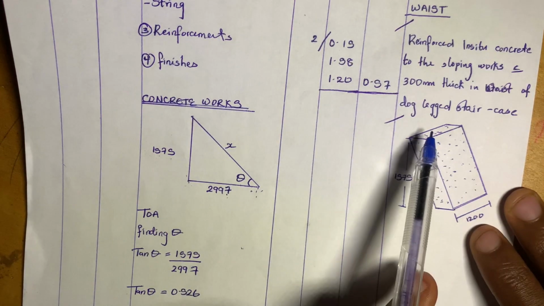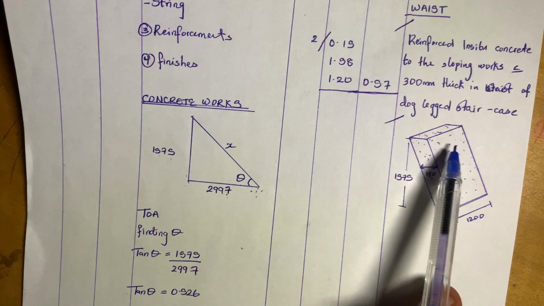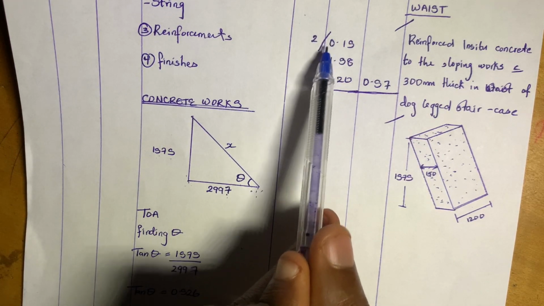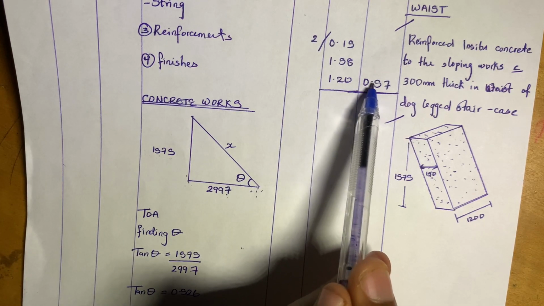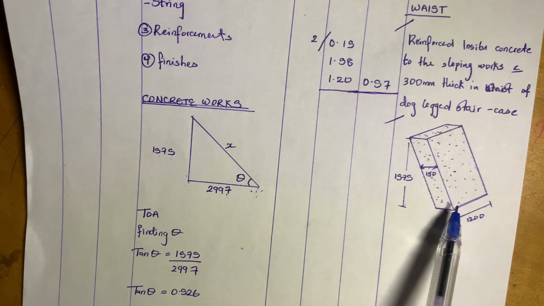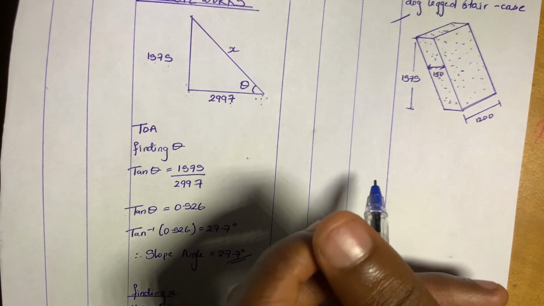So what we have here in the first flight will be the same thing as what we have in our second flight, carrying the steps. So we'll multiply it by 2. And what do we have? 0.57. So doing that, you've measured for your waist. So next would be the landing.